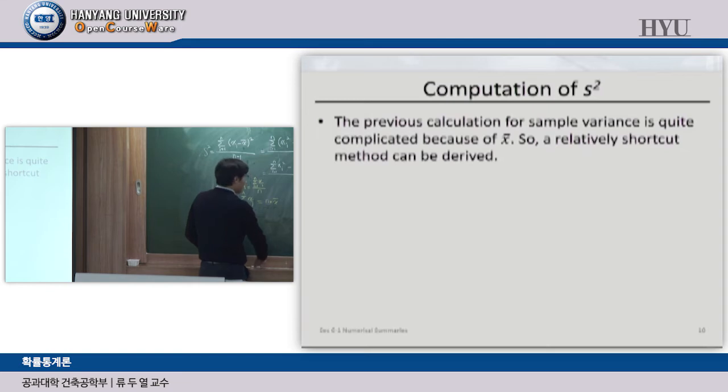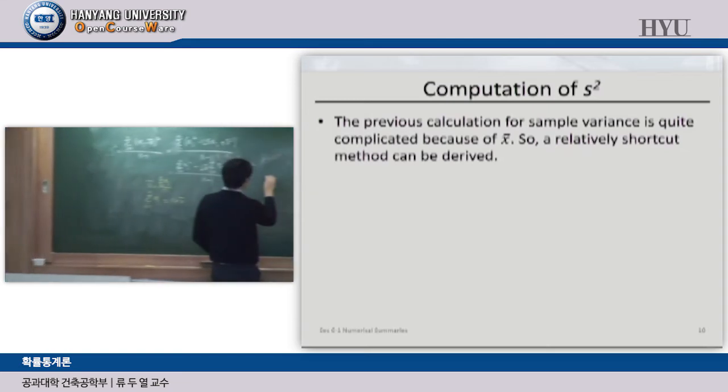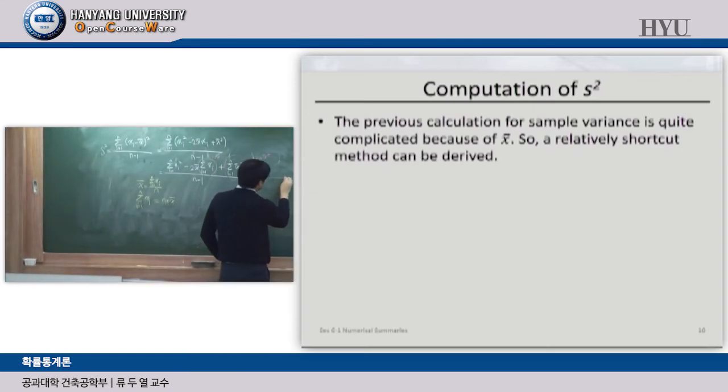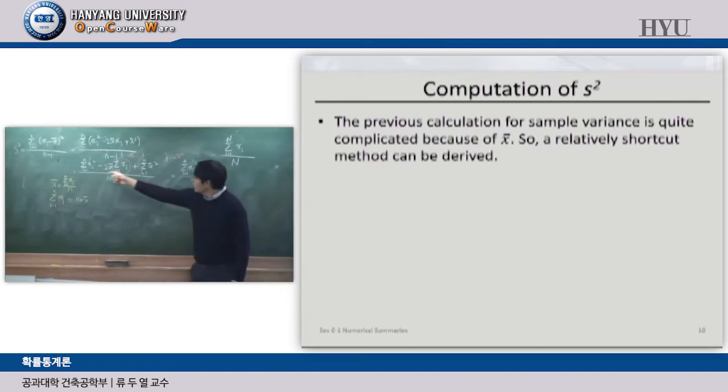So this can be written as the summation of i from 1 to n of xi square minus 2 times n times x bar square, right? And this is the n times x bar square.